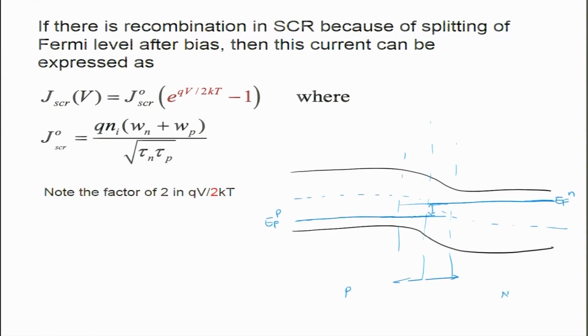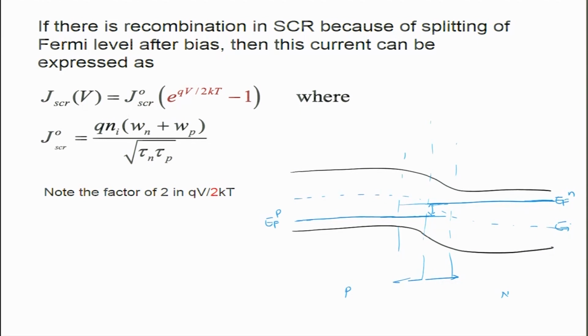What we are showing here is the continuity of Ei, but Ei is irrelevant, right. So, you will have this EFP continuing in some manner, EFN continuing in a certain manner. The exact nature we cannot depict here very clearly, but you are going to have a certain split of the Fermi level because of applied bias.